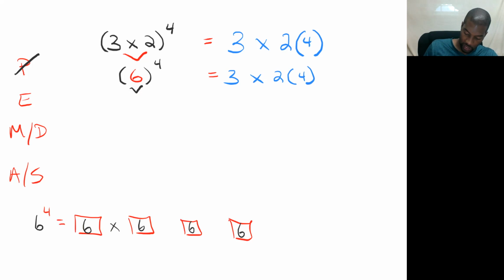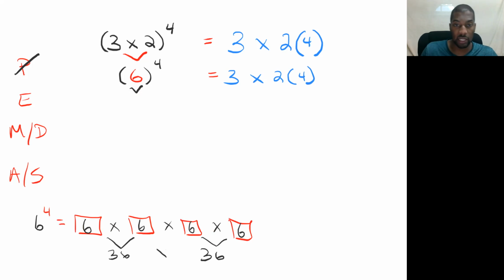Therefore, I do multiplication. 6 times 6 is 36. 36 times 36 is, let me get my calculator out because I don't know that off the top of my head. I think it's 642 or something like that, but I am not sure. So let me just confirm for a second. No, I was way off.